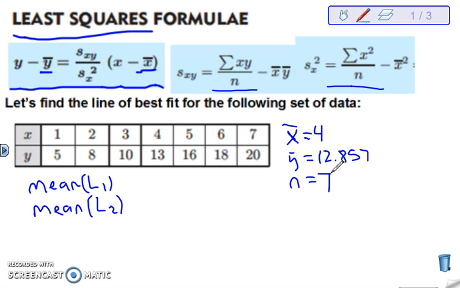It looks like we are also going to need the total of x squared and the total of x times y. So remember, you can make both of those lists in your calculator. If you take L1 times L2 and you hit the store button, we can go ahead and put that into column 3.